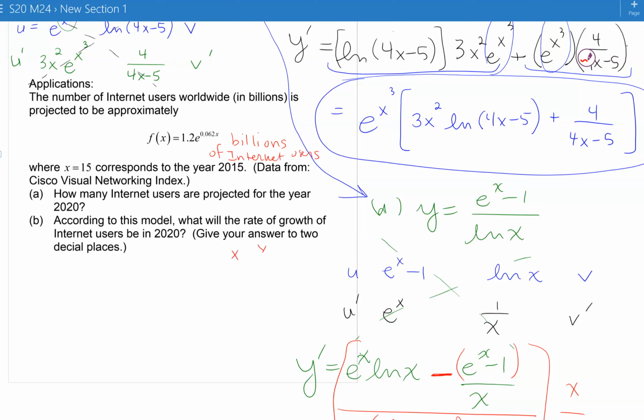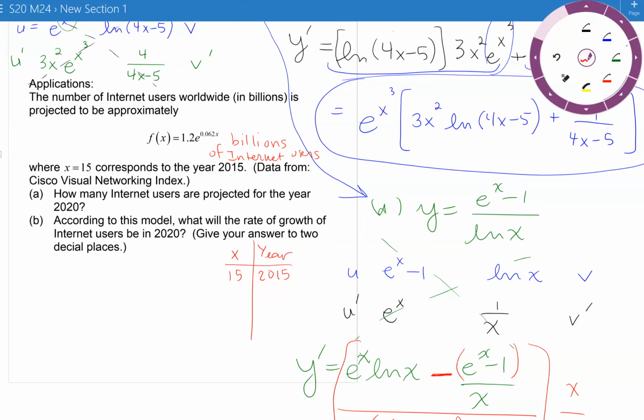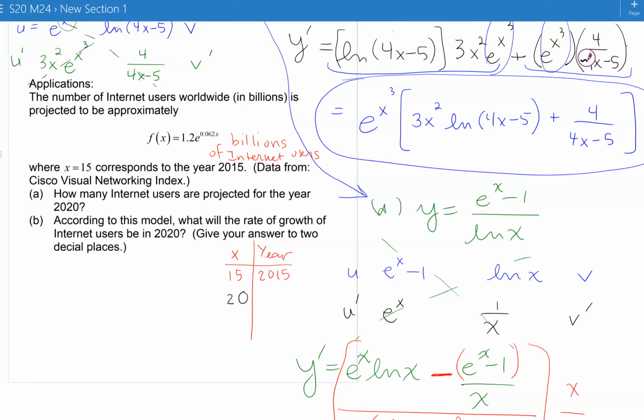And x equals 15 corresponds to the year 2015. And we're being asked how many internet users are predicted for the year 2020. So that's going to be when x is 20.